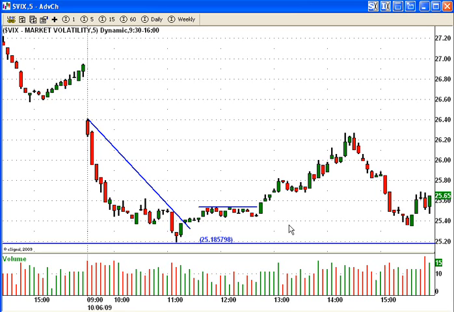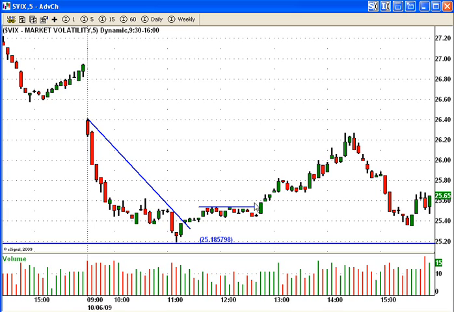So now we're caught with that same situation of break the trend line and retest the low and continue to the downside, or we break this new high off of this downtrend and start a new uptrend in the VIX, which would lead to a sell-off in the market.